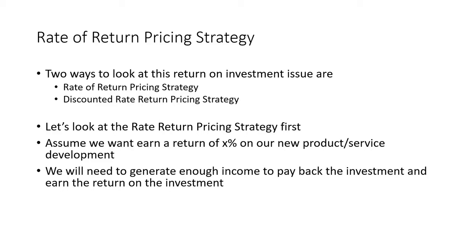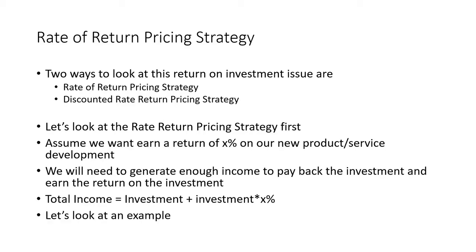And so the total income supplied by that product or service over some period of time will have to equal the amount of the investment we made plus the X% return on that investment that we desire for the use of our money. So let's look at a concrete example of this.